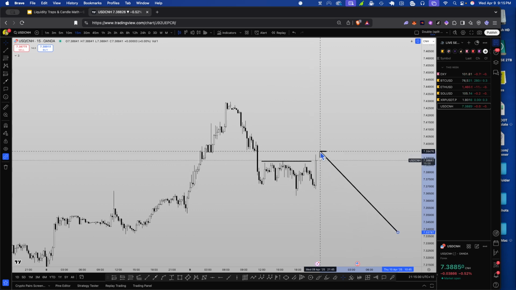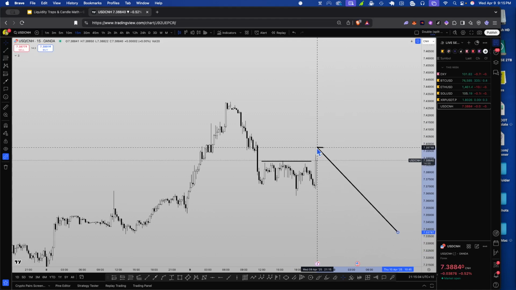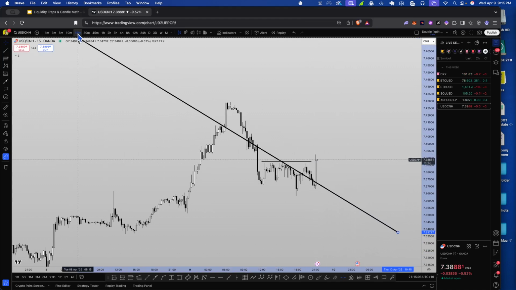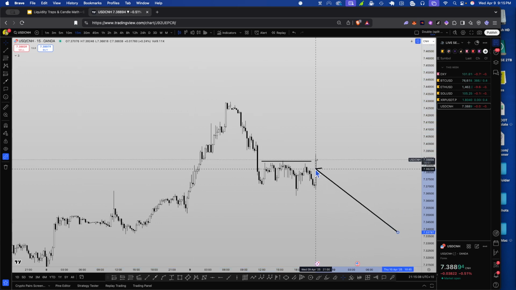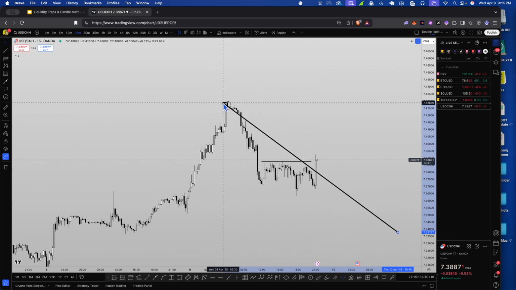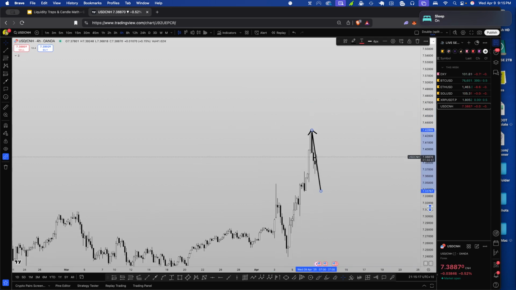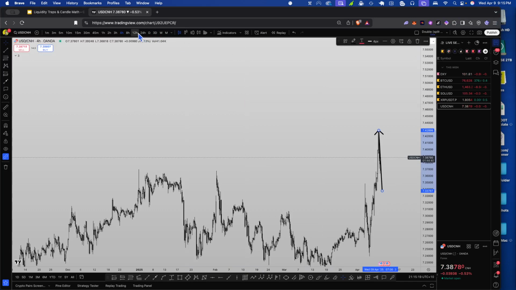So now the question is, do we reverse potentially from here? Is this a fake out? We're on a 15-minute chart, so very low time frame. Is this a fake out, or do we potentially go and test the new highs? So always go, okay, what is the 4-hour doing? Where are we at on the daily?